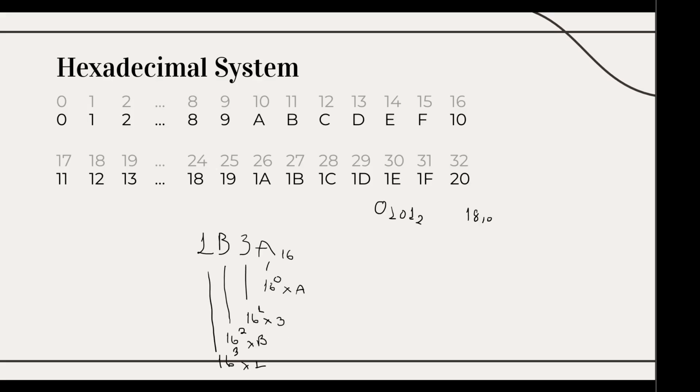Now, anything to the power of 0 is 1, times A, which we know is 10, will be 10. Here I'm going to write the numbers in decimal so we can understand them a bit better. After all, we're trying to interpret this number. 16 to the power of 1 times 3 will be 48. Is that correct?